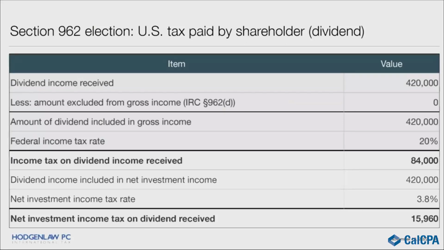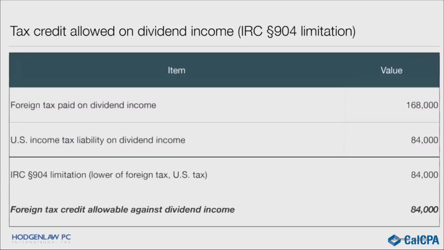Dividend income. This was the red light, right? This is the bad stuff. We have dividend income of $420,000 to the individual. It's a qualified dividend, $84,000 of tax liability. Again, net investment income tax, $15,960. But the individual paid income tax in the foreign country, $168,000.